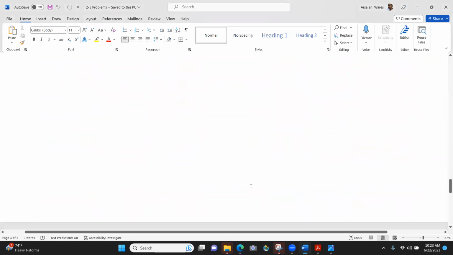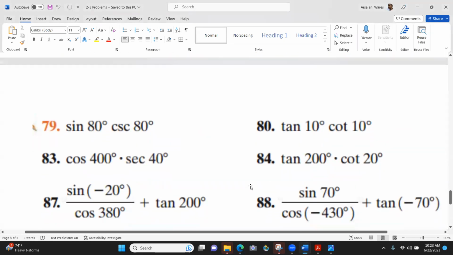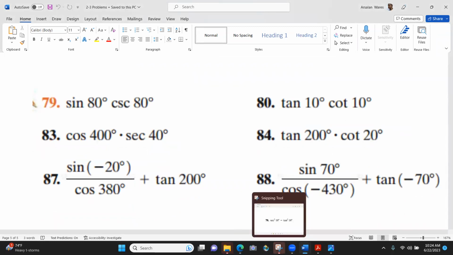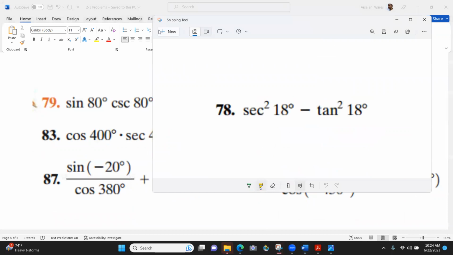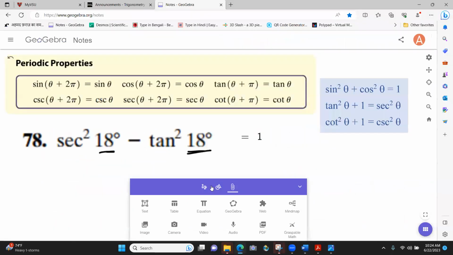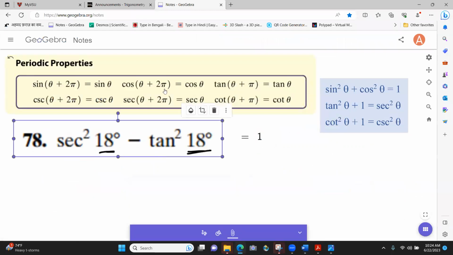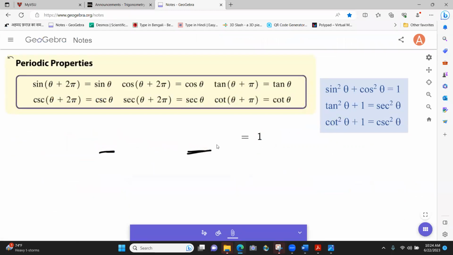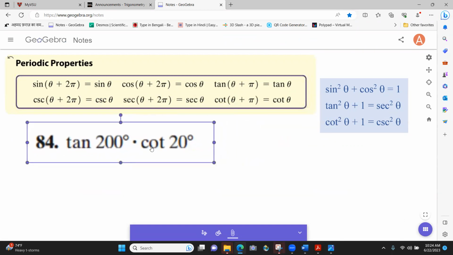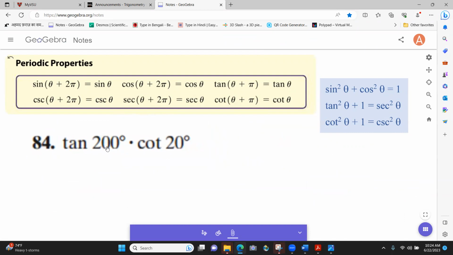Okay, I will do something with pi, but let me do this first. I'm trying to do some of the easier ones first. And I will use the properties. These are called periodic properties. I will use them. I already saw a couple of problems, but actually this is one of those. Remember, guys, the period for tan is pi.